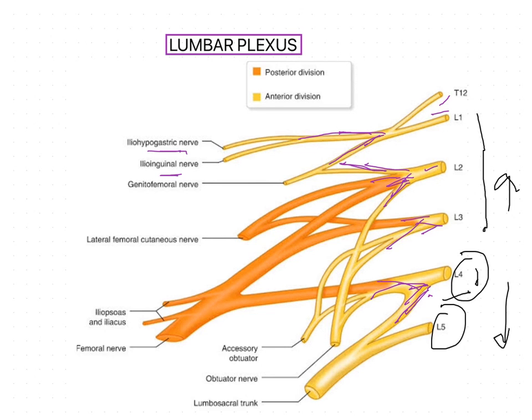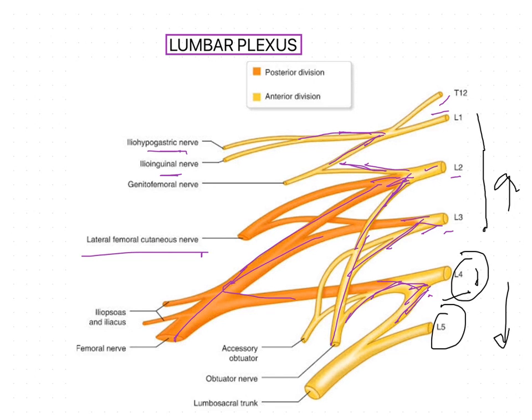The dorsal branches of L2 and L3 unite to form lateral femoral cutaneous nerve of thigh, and the dorsal branches of L2, L3 and L4 unite to form the femoral nerve, and the ventral branches of L2, L3 and L4 unite to form the obturator nerve. Sometimes an accessory obturator nerve is also formed from L3 and L4 ventral branches.